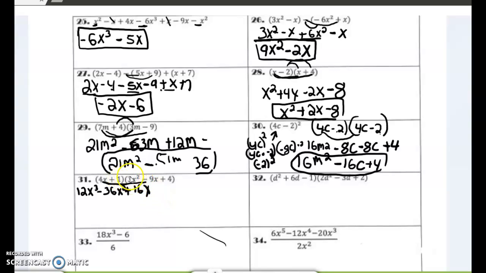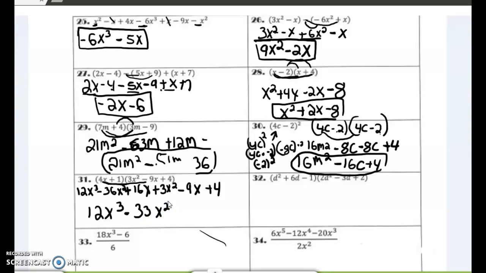All right. Now we're going to distribute the 1. So basically it's going to just be a mirror image because we're multiplying everything by 1, the identity property. 1 times negative 9 is negative 9x, and 1 times 4 would be positive 4. Now we're going to combine like terms. Well, we only have 12x to the third. Then we got a negative 36, positive 3, so that's going to give me a negative 33x squared.